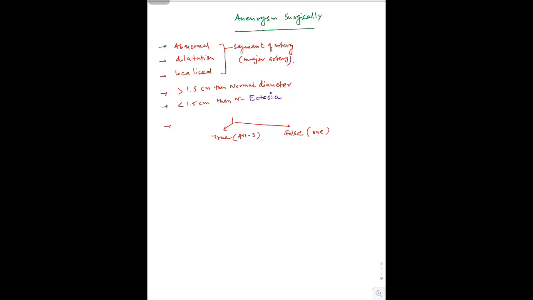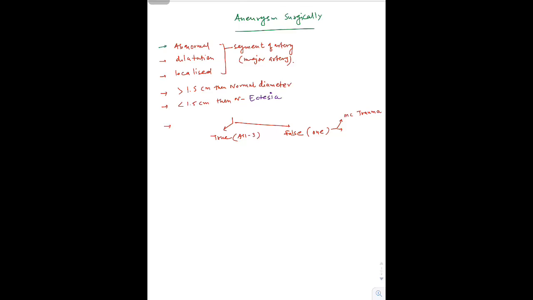And guys, this false aneurysm is most commonly caused by trauma, and this is a very emergency situation. We have to operate on it.